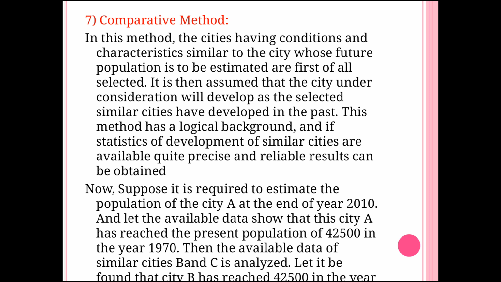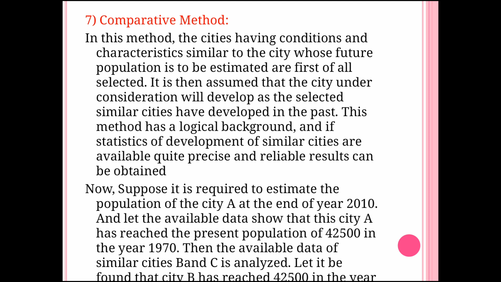Suppose it is required to estimate the population of a city A at the end of the year 2010, and let the available data show that this city A reached a population of 42,500 in the year 1970. Then the available data of similar cities B and C is analyzed.